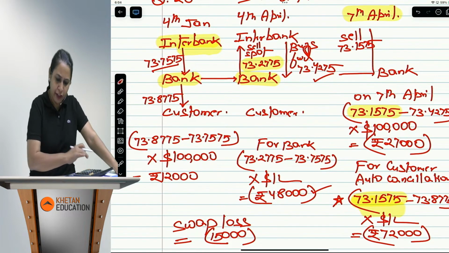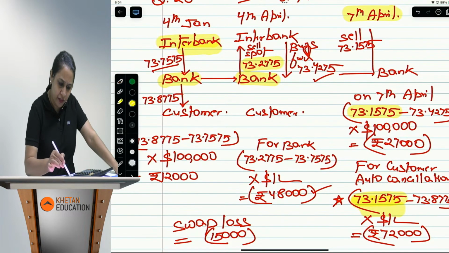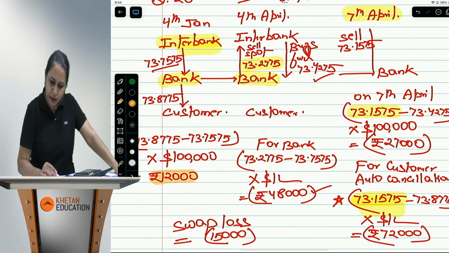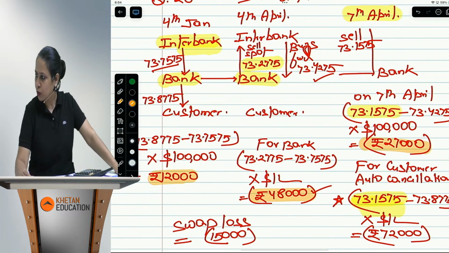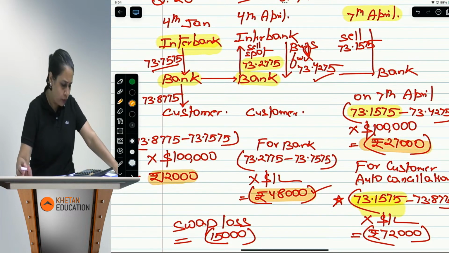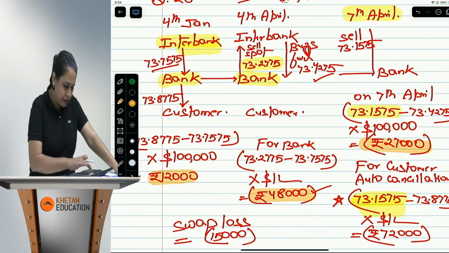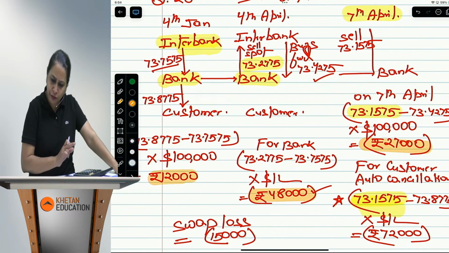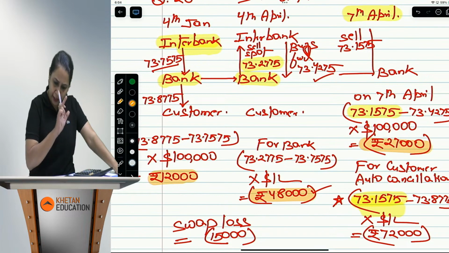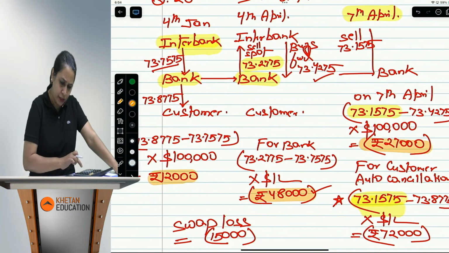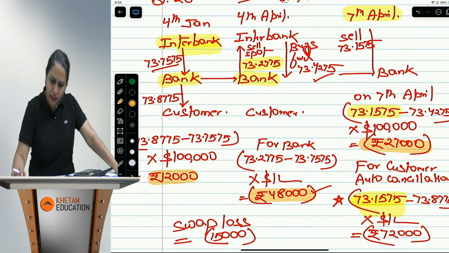Wait a minute, I got some catch here. So that means the bank needs this one, this one, and this one also, correct? The bank needs 27,000, which I incurred because of you. The bank needs 48,000, I did a loss, and plus 12,000 also. 87,000.